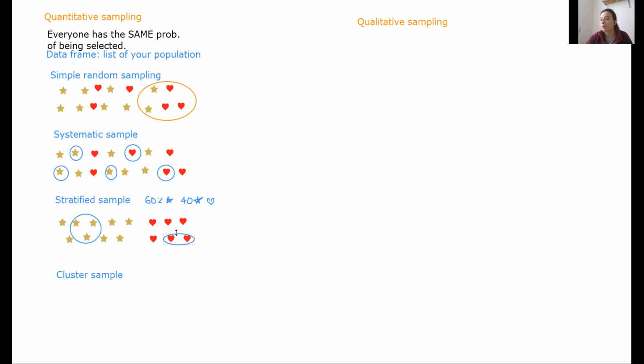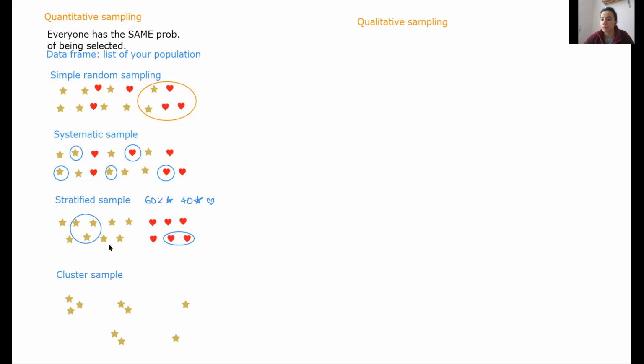Okay, and that way I can make sure that my sample is properly represented like that. Does that make sense for everybody? Do I have any questions? No questions, easy. Okay, so then I have the option of cluster sampling.